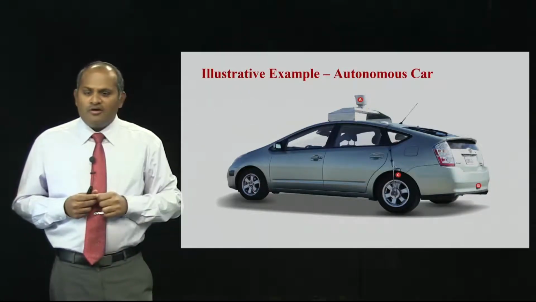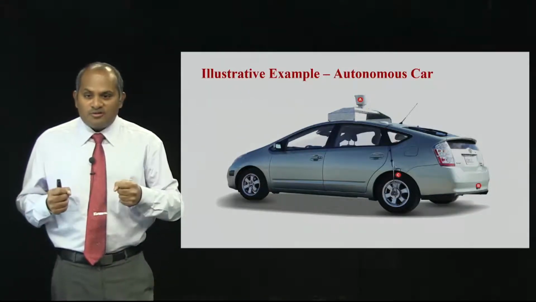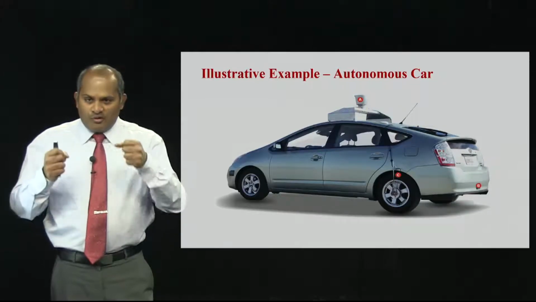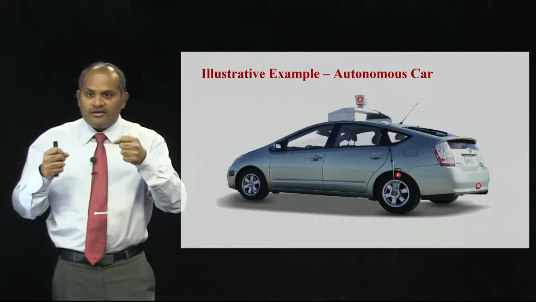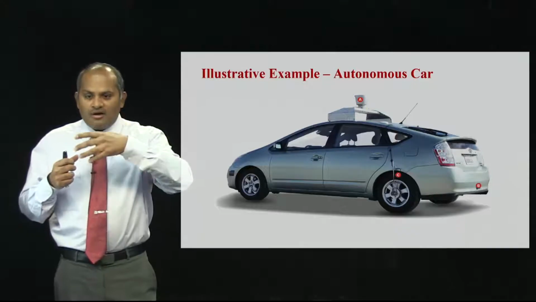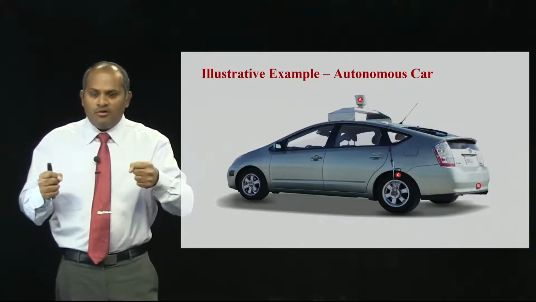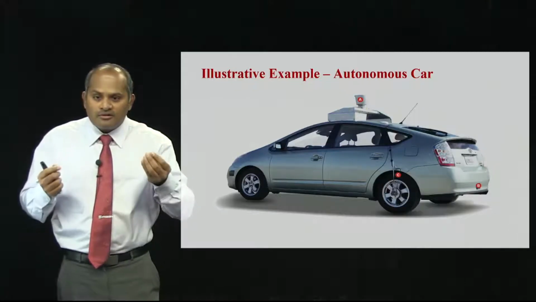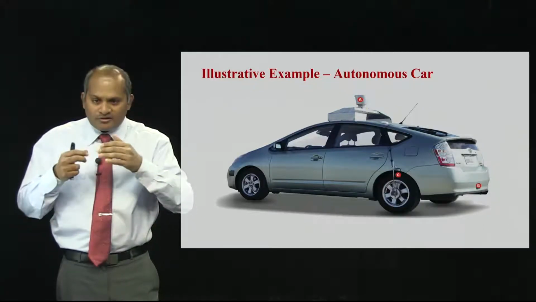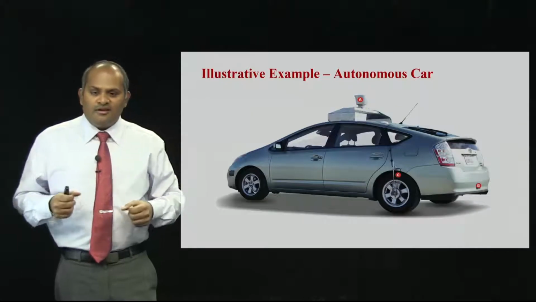If you look at a normal car, humans control the car. So, what is control? We look at the screen, we look at the window, and then we look if there is any car in front, and we try to maintain the vehicle on the road, to maintain speed, constant speed, control the speed, everything.